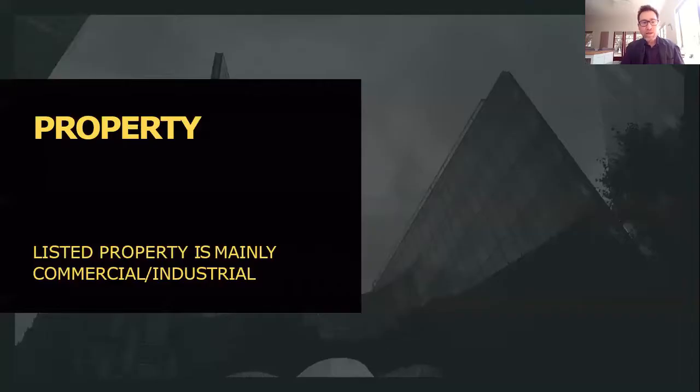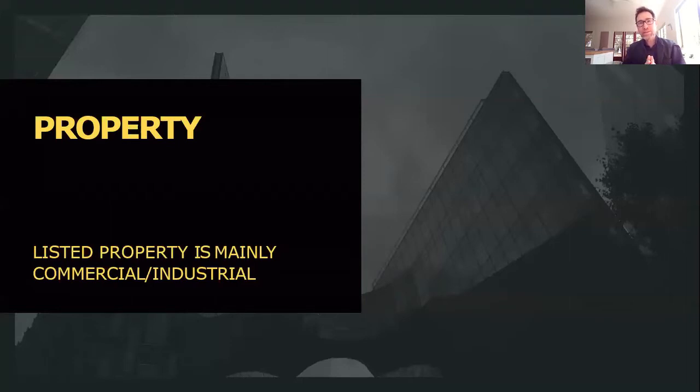So let's explore the property asset class a little bit more. Okay, so as far as investing, you can invest via listed property.